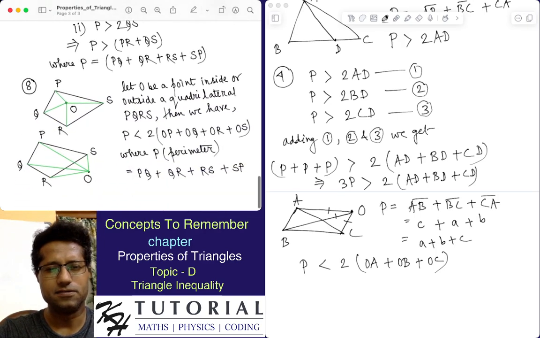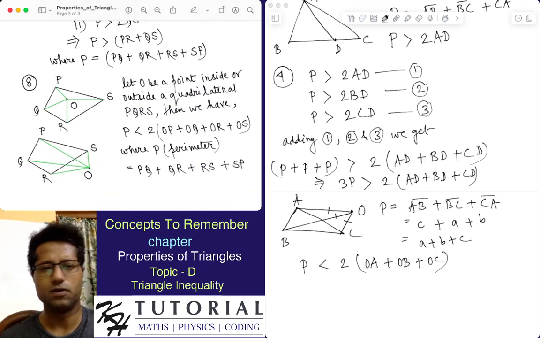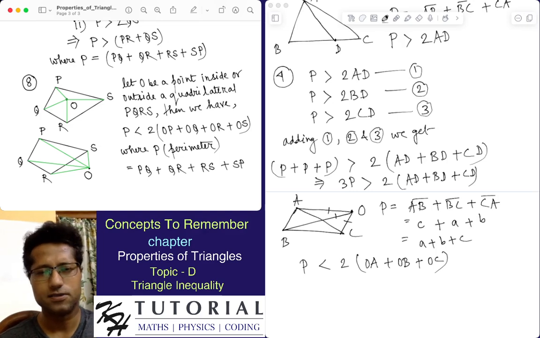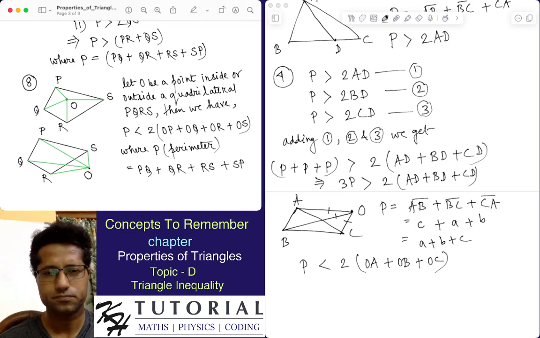Point number 8 is regarding any quadrilateral PQRS, and a point O taken inside the quadrilateral or outside the quadrilateral. Since it is a quadrilateral, we have 4 vertices, so we will have 4 line segments formed by joining the point O with all the 4 vertices or corners of the quadrilateral PQRS.